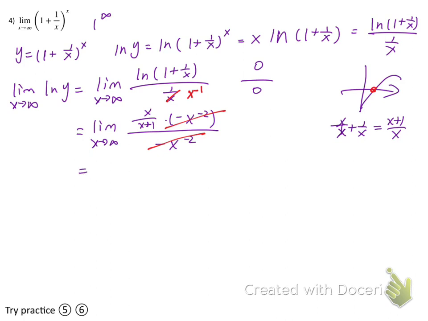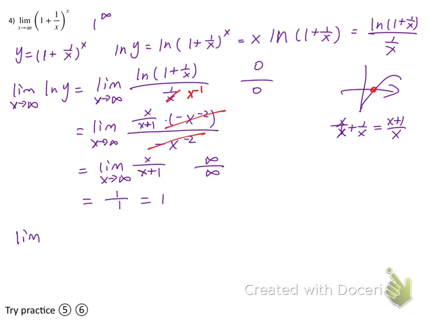So I really end up with the limit as x approaches infinity of x over x plus 1, which turned out to be an infinity over infinity case. I differentiate it one more time, 1 over 1. That's 1.